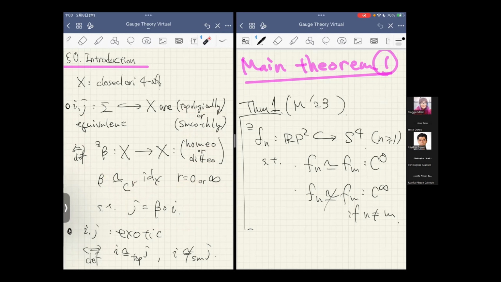We say that I and J are exotic if they are topologically equivalent, however, they are not smoothly equivalent. So here is the main theorem. We have an infinite family of embeddings of RP2 to S4 such that they are exotic. They are topologically isotopic. However, they are not smoothly equivalent.